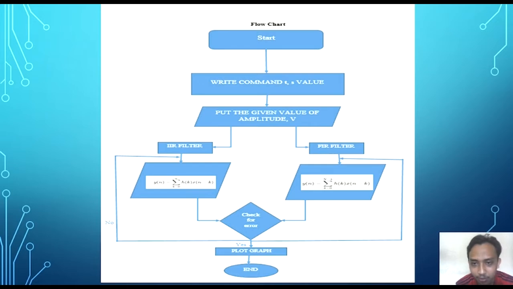Also for the FIR filter, it will go to the formula and check for the error. If yes, it will plot the graph, or if no, it will go back to before the formula. After that it will plot the graph. If we check it doesn't have error, it will end after everything is complete.